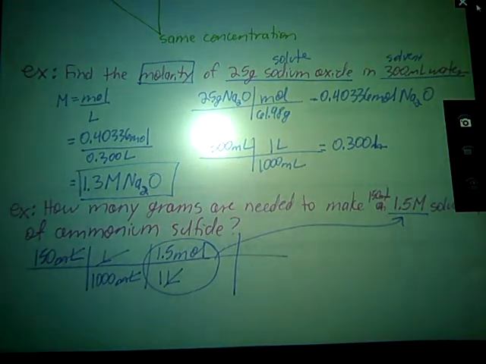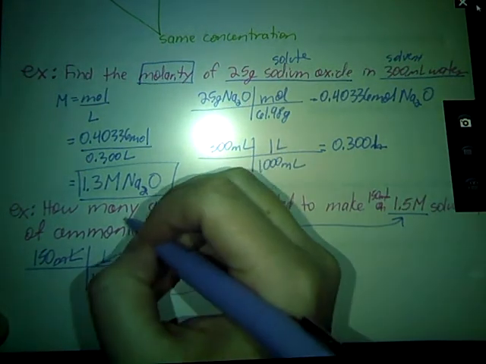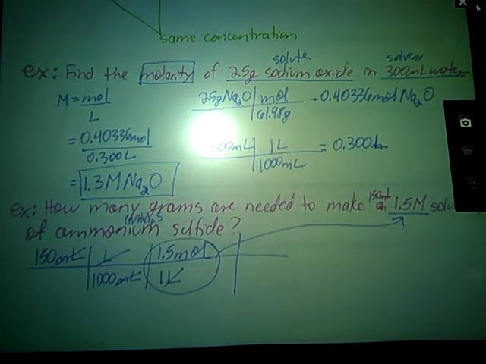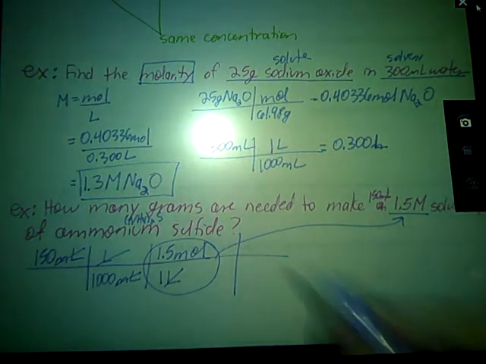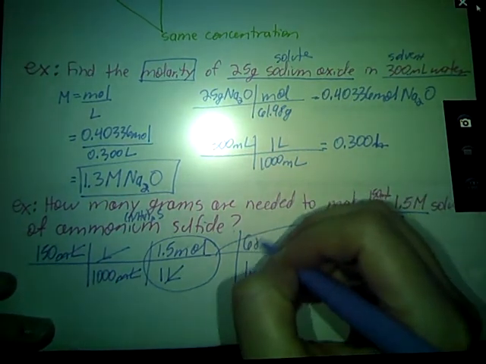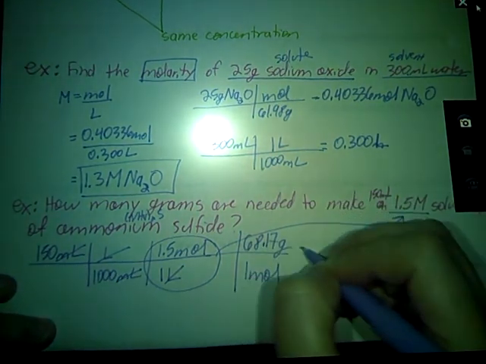That last step to get from moles to grams requires the formula mass. So let's see, ammonium sulfide, how's that written? (NH4)2S. So that's 2 nitrogens, 8 hydrogens, and 1 sulfur. Gives me a formula mass of 68.17 grams.